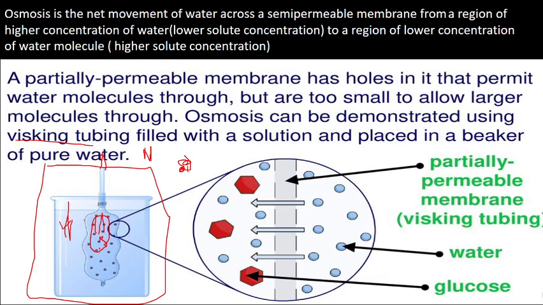What will now happen is that by the time you place this solution into water, this is a solution of higher water. This is a solution of higher solute concentration, but lower concentration of water. So the water will move from the region of lower concentration into what? Into a region of higher concentration. So, the water will move into here, into this place.